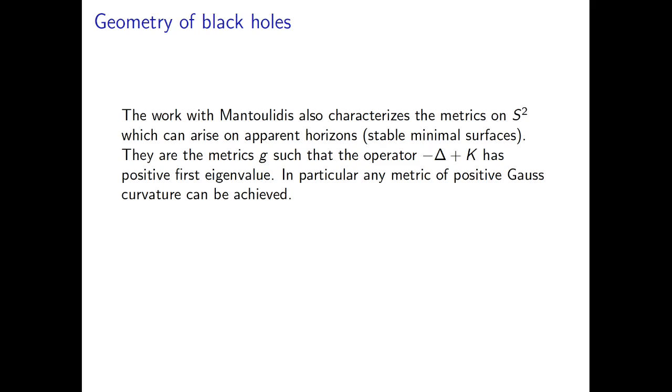Okay, so in particular, any metric of positive Gauss curvature can be achieved, but you can also allow some negative Gauss curvature. So this operator, minus Laplacian plus the Gauss curvature, is positive definite, and so it allows some negative curvature. In fact, we constructed examples where the integral of the negative part of the curvature can go to infinity. It can be as large as you like. And so the horizons can be quite complicated geometrically, surfaces.